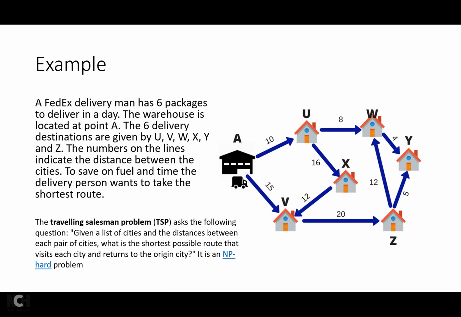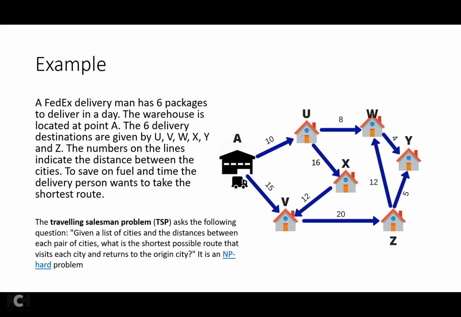This is the famous traveling salesman problem, TSP. A FedEx deliveryman has 6 packages to deliver in a day. The warehouse is located at point A, so the FedEx man has to get the packages from the warehouse. Since they have 6 packages, they need to send them to 6 houses.